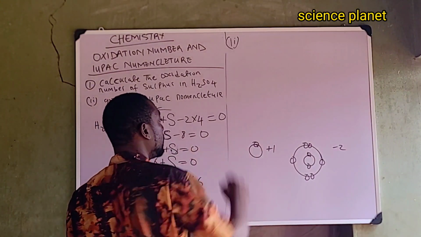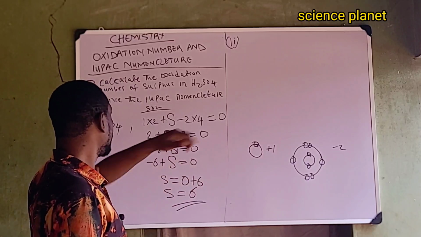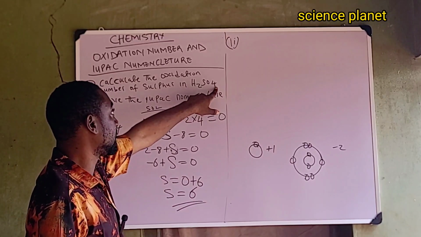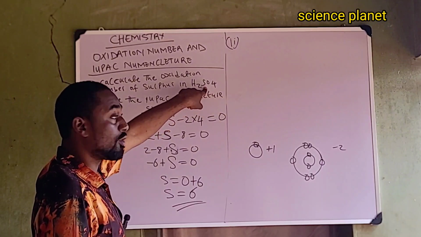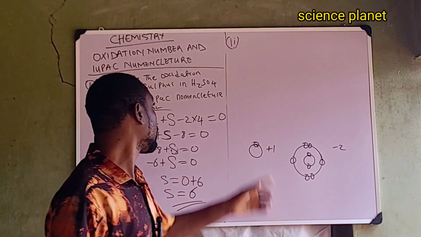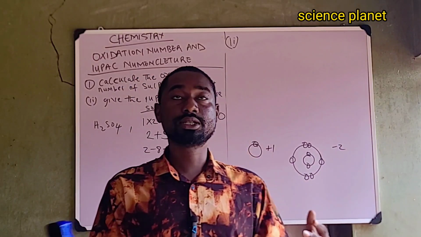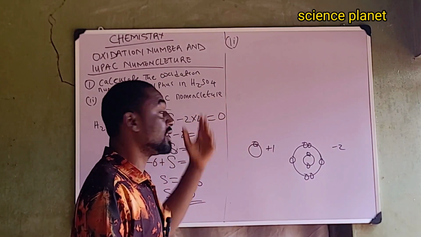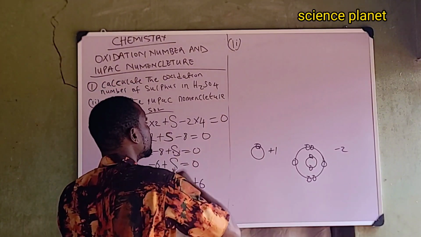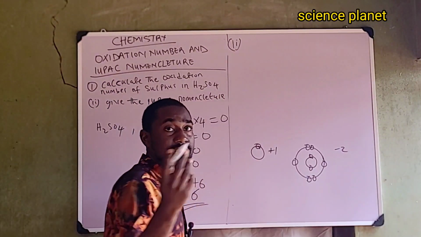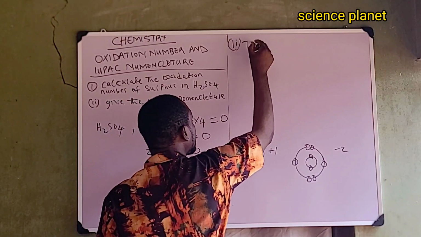For II, the IUPAC nomenclature is, watch this. 4 is tetra, O is oxygen, so tetraoxosulfate. So we do not call it sulfur. S is sulfur, but we don't call it sulfur since it is with an element, more especially oxygen. So we call it tetraoxosulfate. 4 means tetra, 3 means tri.